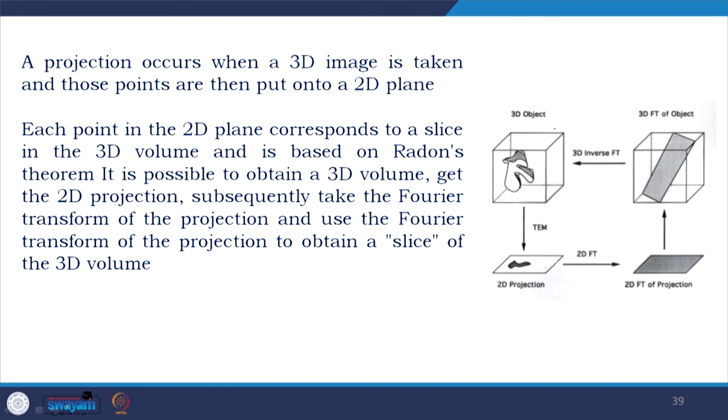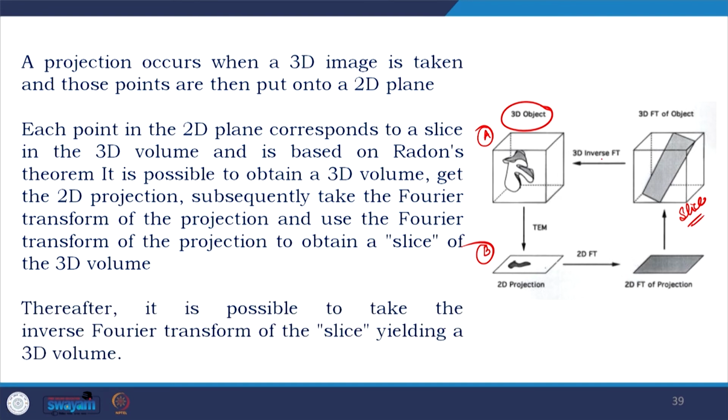So, here there is a volume, you only get the points in 2D. So, 3D object, you start with condition A, you come here taking the 2D projection, you do a 2D Fourier transform, you get a 2D FT, and then you get a 3D FT of the object which is giving you a slice, and now you do the 3D inverse.